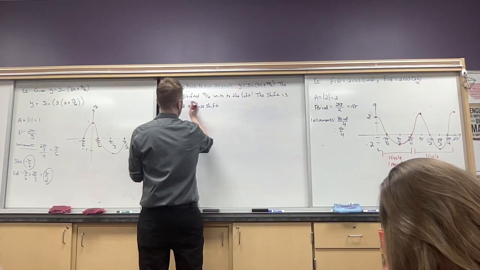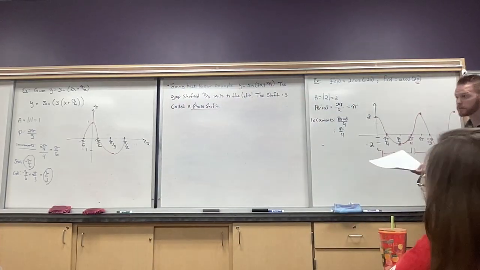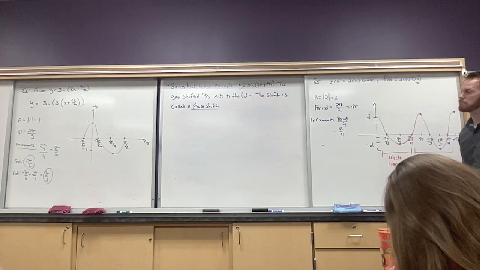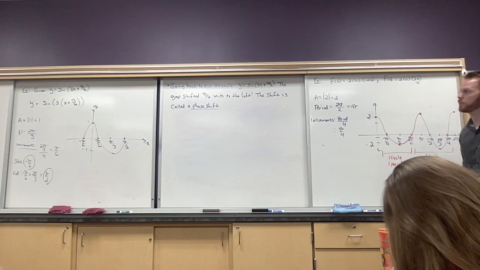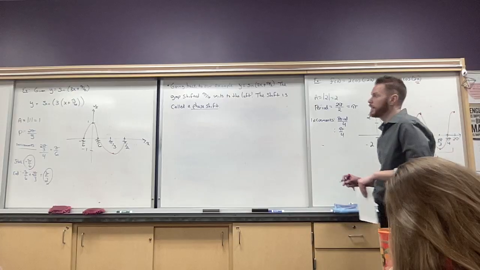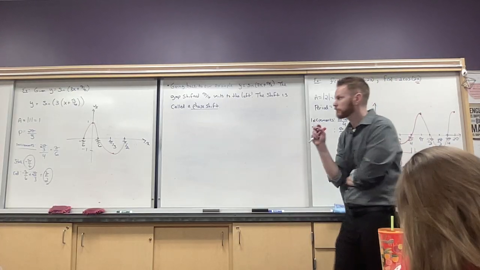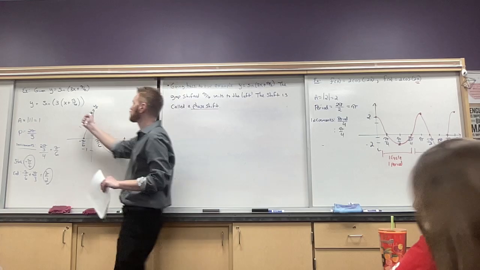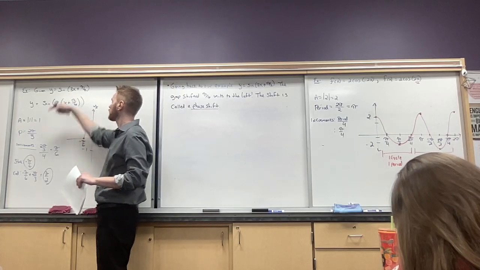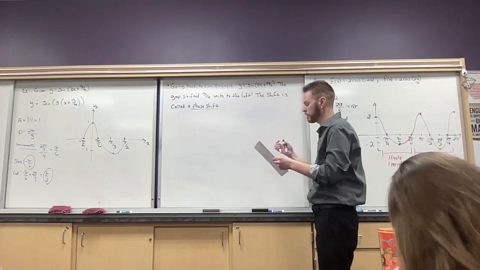Okay, so if you ever hear the word phase shift, that's you just moving it left or right, depending on what the graph looks like. Okay. Now, how did we figure it out? We just factored out the b, right? That's what we did. So to figure out where it was moving, whatever that number is, I factored it out. Okay? To make it easy.